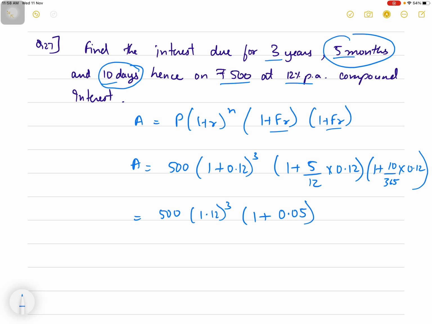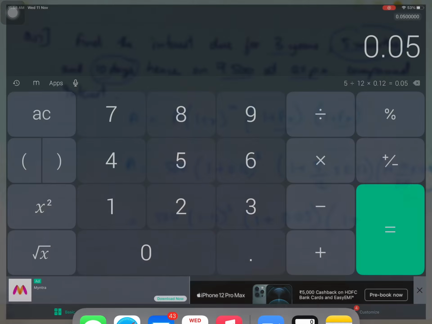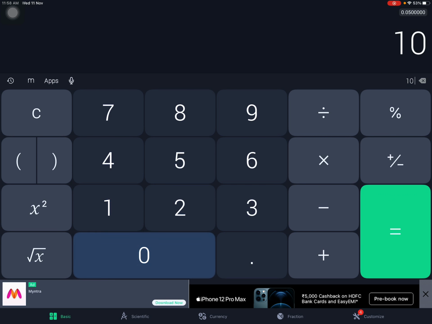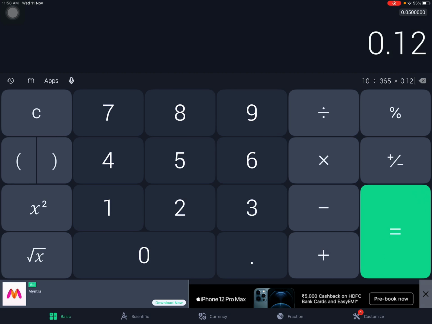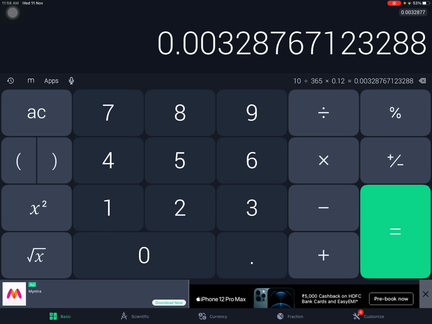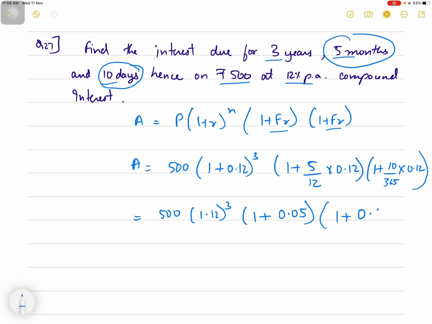Okay. 1 plus, let's calculate 10 divided by 365 multiplied by 0.12. It comes to 0.0033.